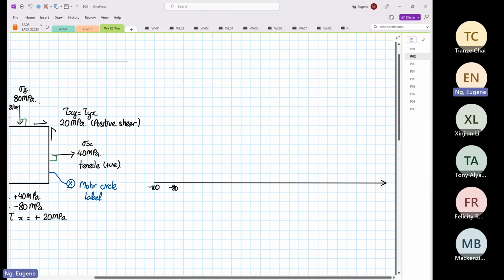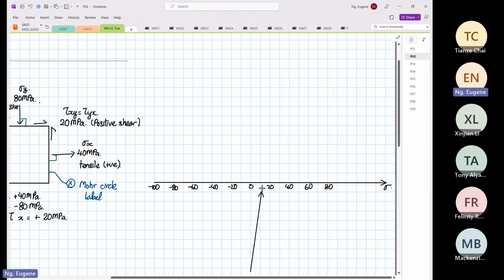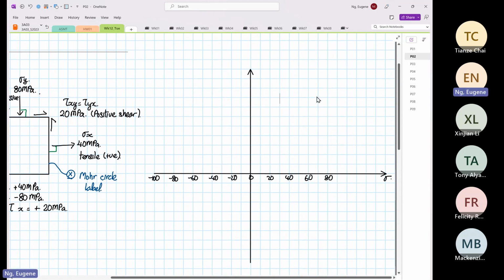Minus 80, 60, 40, 0, 20, 40, 60, 80. So this is your normal stress. Okay. And then we are going to draw our shear stress. And when you put in your shear stress, make sure the scales are the same, or else you will not get a circle.